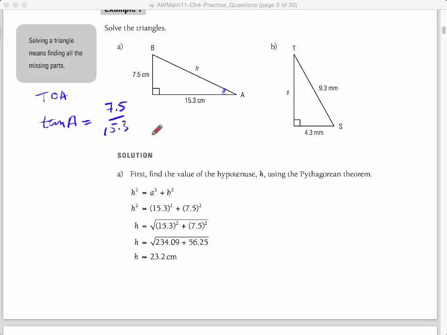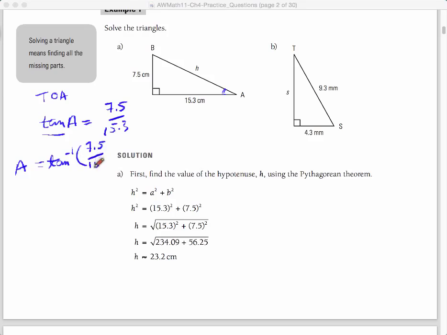Now that's tan A. We want angle A. So to get rid of the tan, we're not going to divide or multiply or anything. We have to do the inverse tan to this side to give us A. In our calculator, it's sometimes second function tan, or tan to the negative 1.